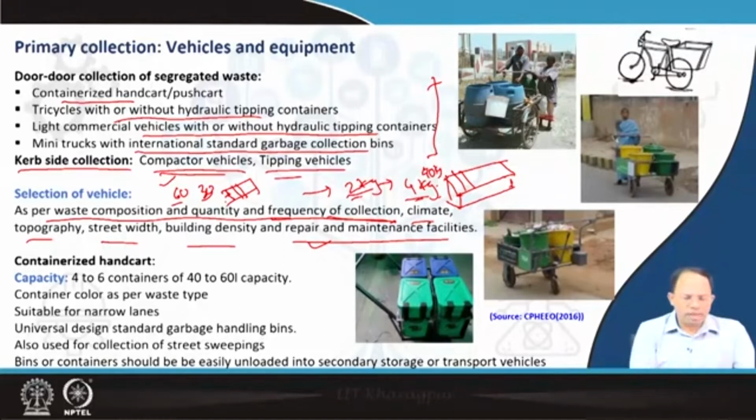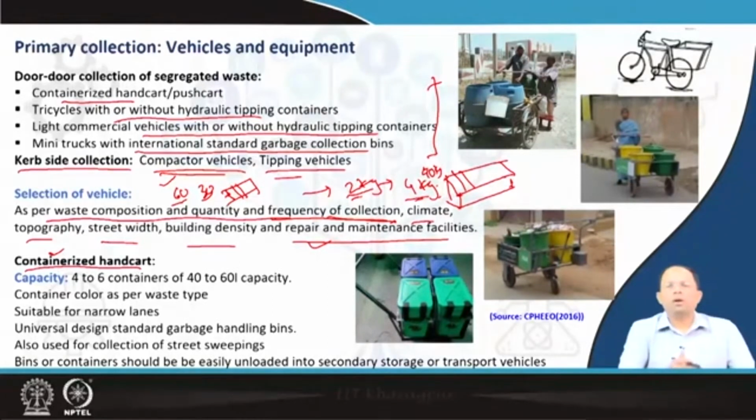Usually we see that for containerized handcarts, when we use handcarts, we go for containerizing them, or we put multiple containers. Now, if the waste is 50-50, that is, biodegradable waste and non-biodegradable waste is 50-50, then we can put 2 containers for biodegradable waste and 2 containers for non-biodegradable waste.